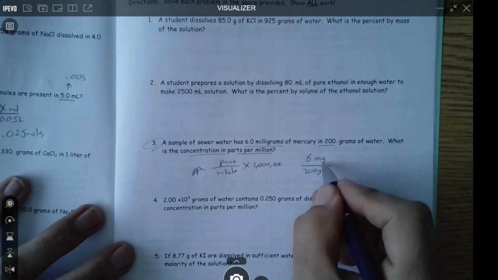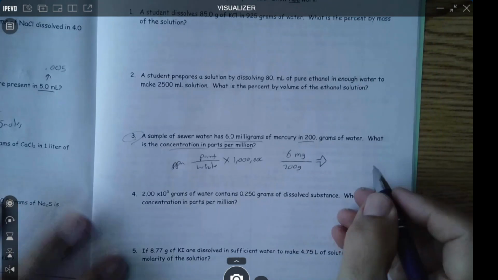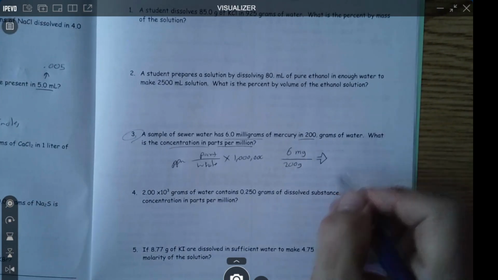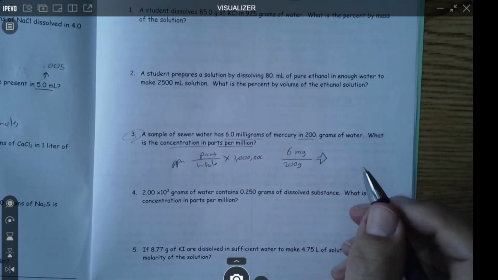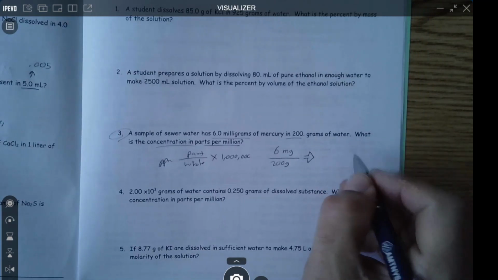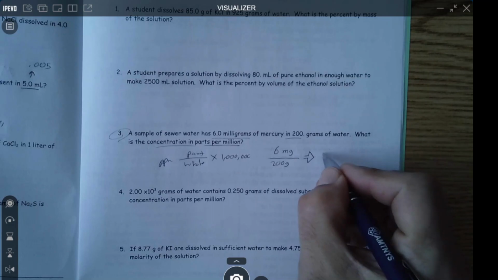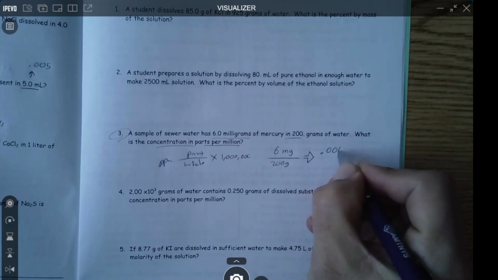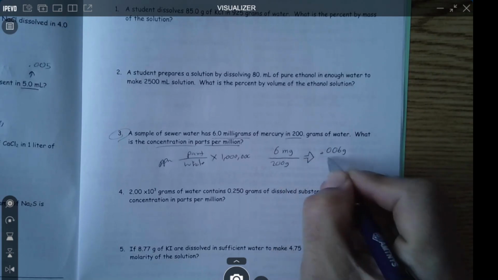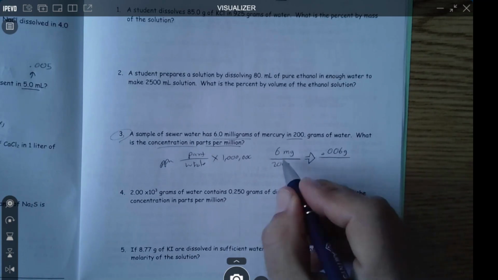So here's the problem. These aren't the same units, so I'm going to make them the same. If you recall, it doesn't matter which one I change, we just need to make sure they're the same. I probably will change this one to be smaller. I'm going to change both to grams. So 0.006 grams. I divide that by 1,000: tenths, hundredths, thousandths, 6,000ths of a gram.